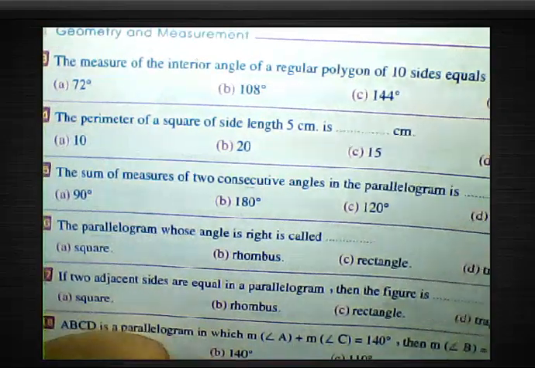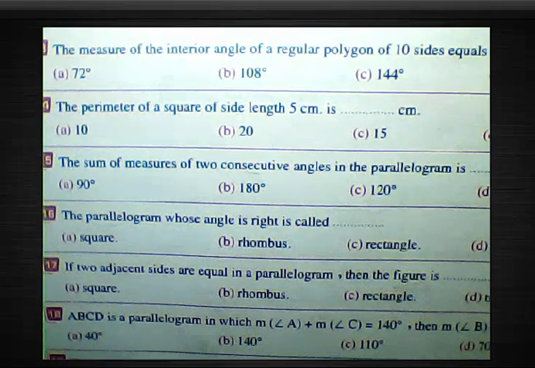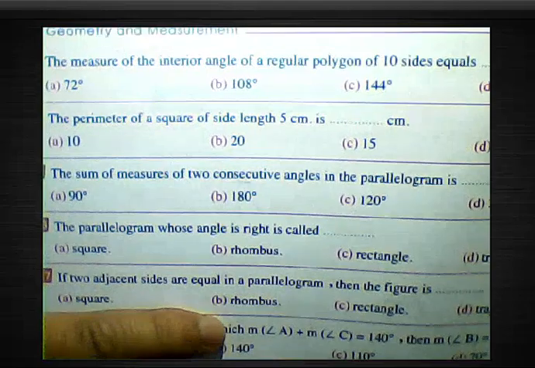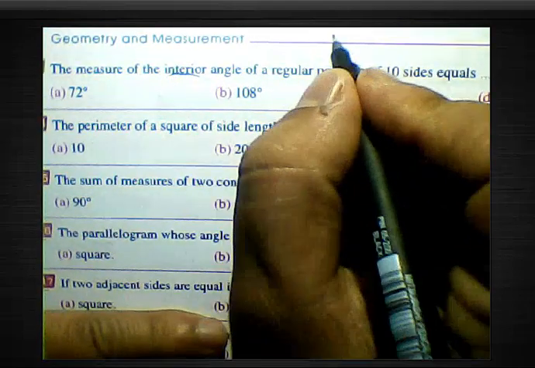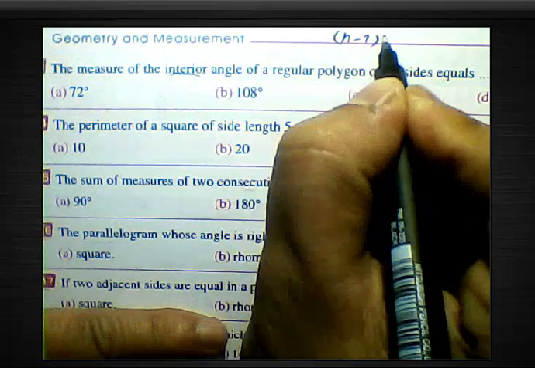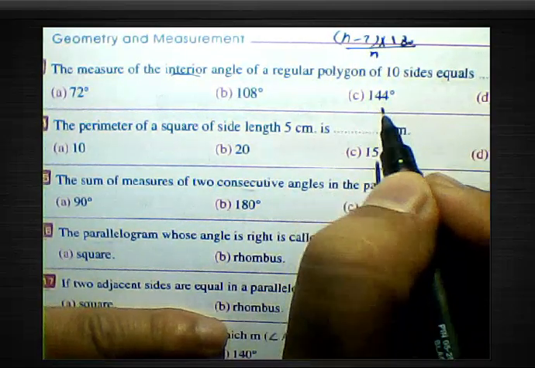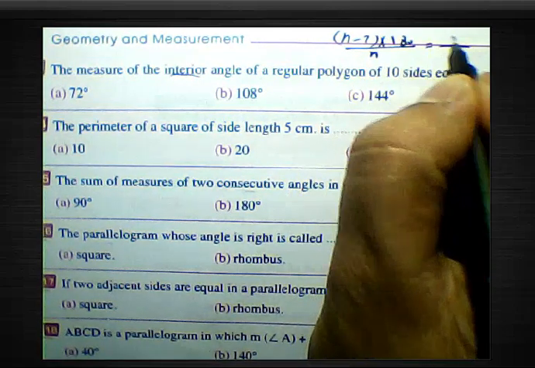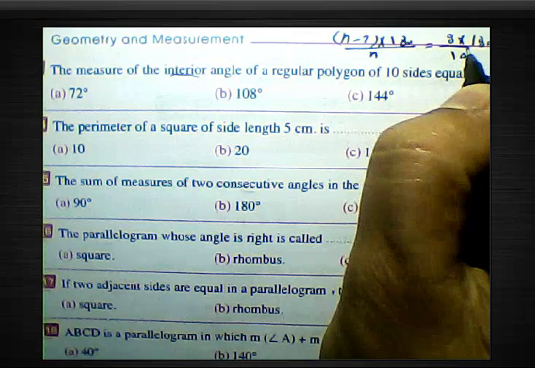Question 13. The measure of the interior angle of a regular polygon of 10 sides equals what? He asked about the measure of the interior angle. You must use the rule n minus 2 multiplied by 180 divided by n, where n is the number of sides. 10 minus 2 equals 8, multiplied by 180 divided by 10.